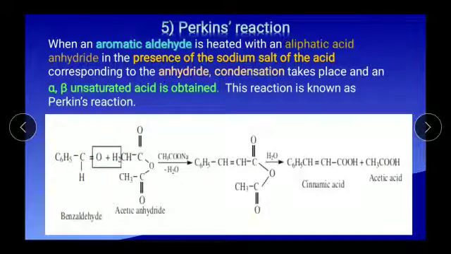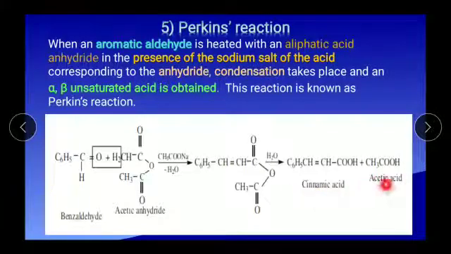The oxygen of benzaldehyde and the hydrogen of acetic anhydride combine and are removed as a water molecule, and we get this compound. After that, this compound is combined with water, and we get two products, cinnamic acid and acetic acid.